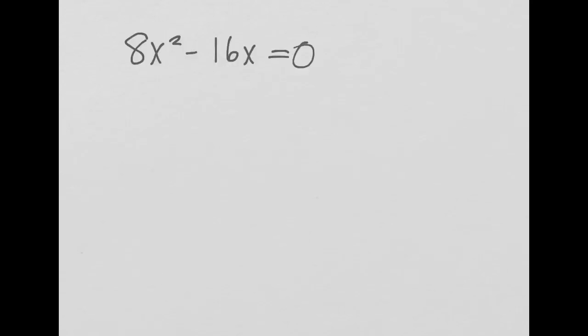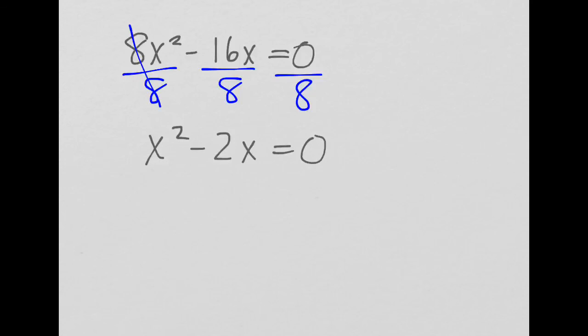Well, you might be looking at this and think, you could just divide both of these by 8, right? Just like we did before. We sure could. So then we're just going to get x squared minus 2x equals 0.